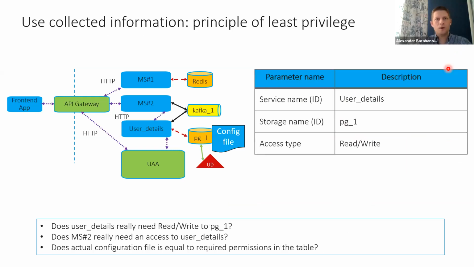The next requirement from OWASP SAMM is enforcing the principle of least privilege. And let's consider how we can use our collected information in order to implement that security activity. So again, having a diagram and a description of microservices, of general purpose services, of business functional services, we can easily ask and answer some questions.